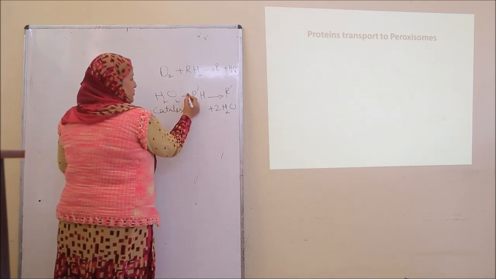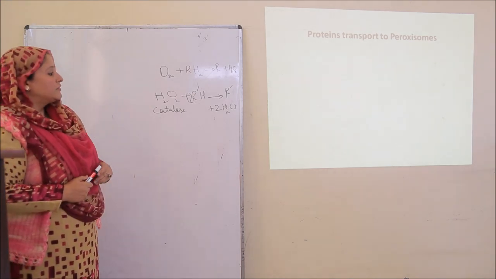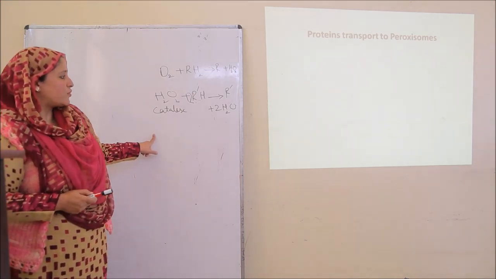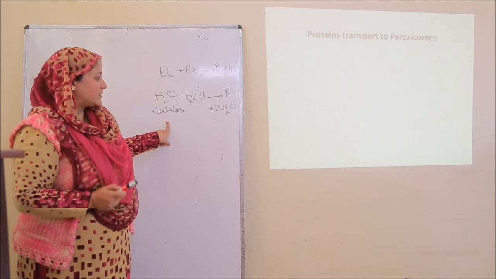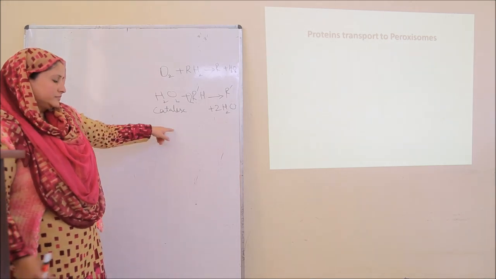This type of reaction is called a peroxidation reaction. This peroxidation reaction is important in the liver and kidney, as it removes harmful chemicals from the blood.